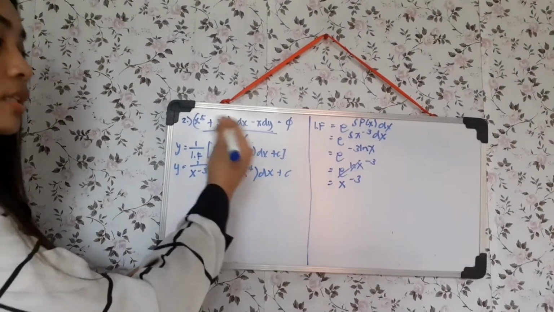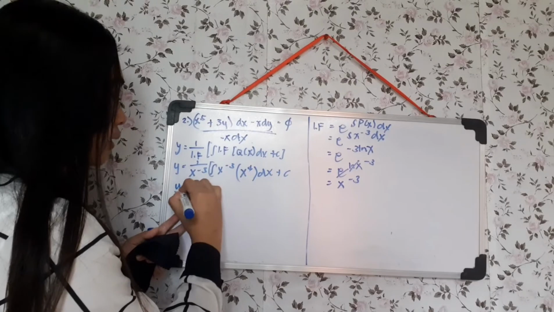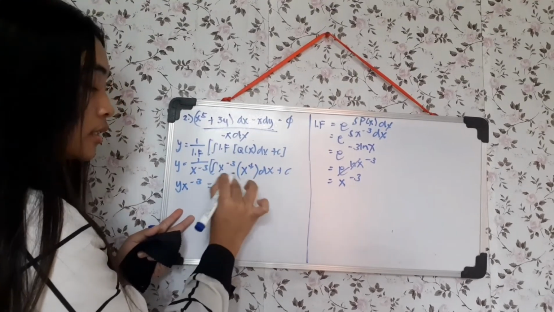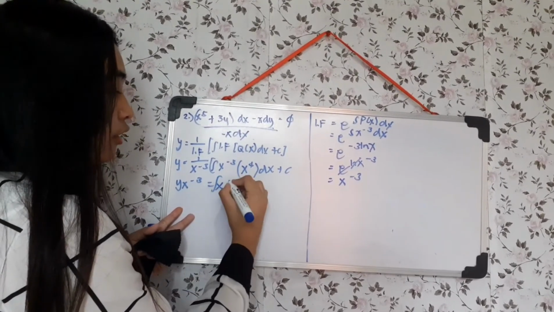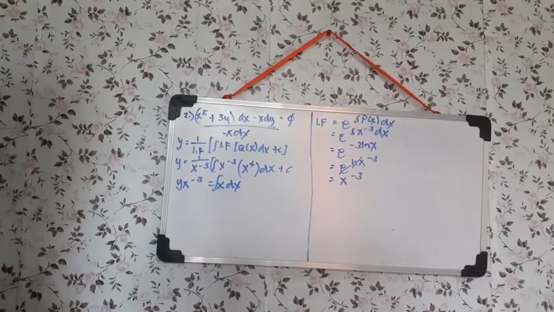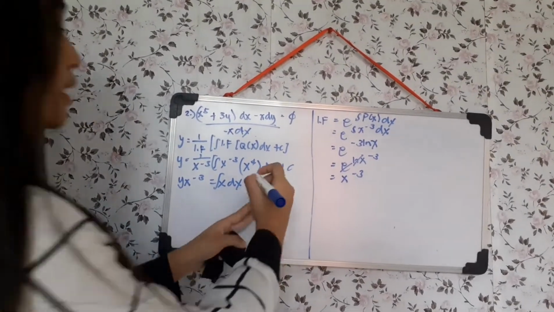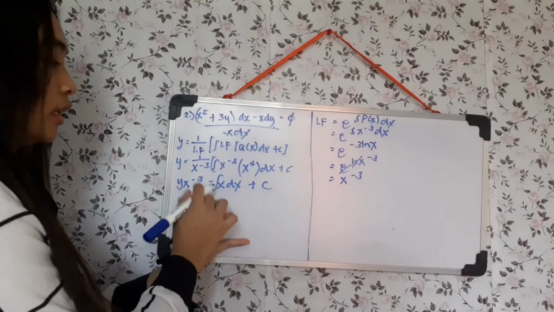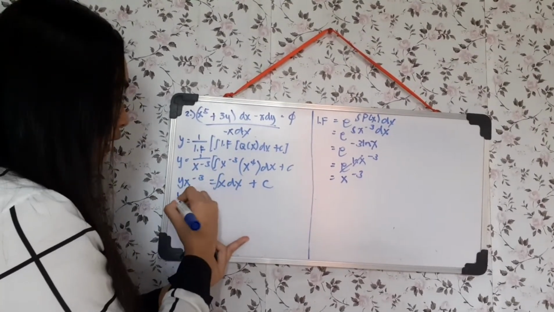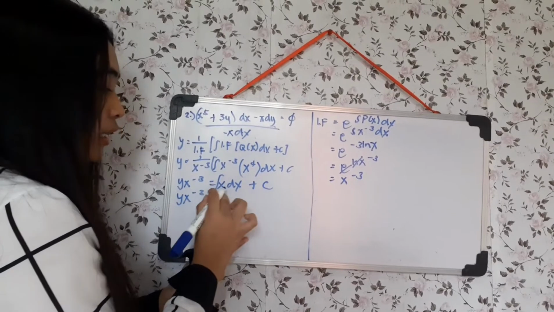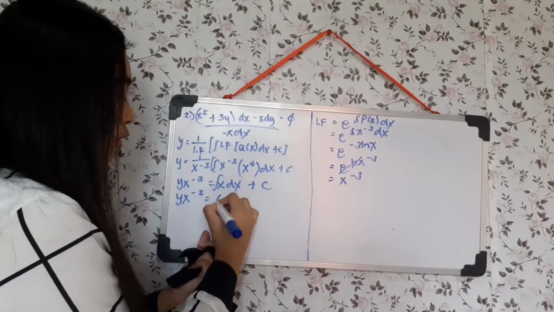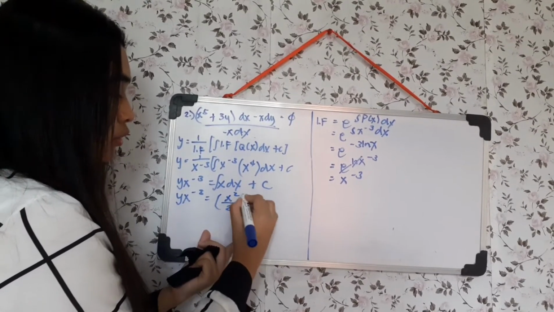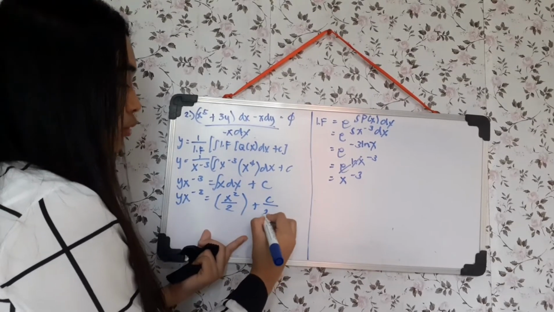Then distribute, we have y x to the negative 3 equals the integral of x dx plus c. Then we got the x to the negative 3. The integral of x dx is equal to x squared over 2 plus c over 2.